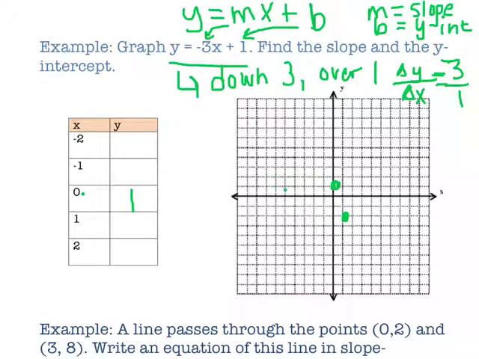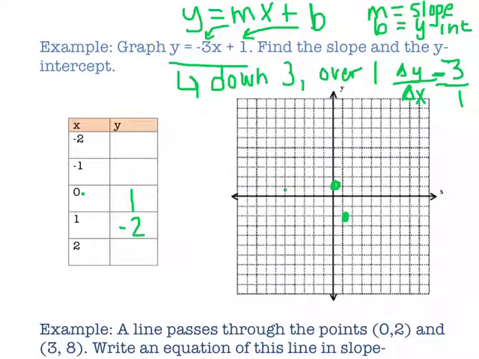And let's check that. So right there is the point (1, -2). If I put 1 in place of x, -3 times 1 is -3, plus 1 is -2. So I would have gotten the same thing if I filled out the table.